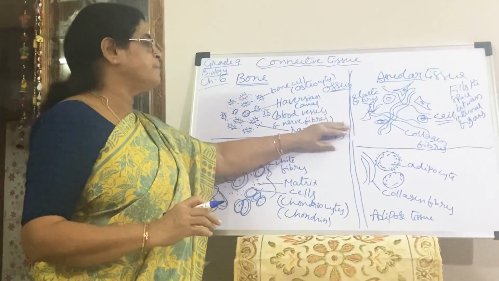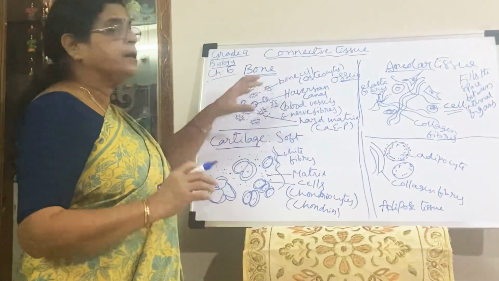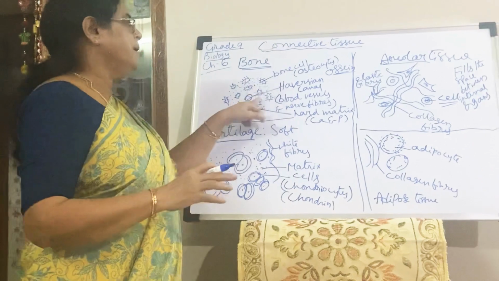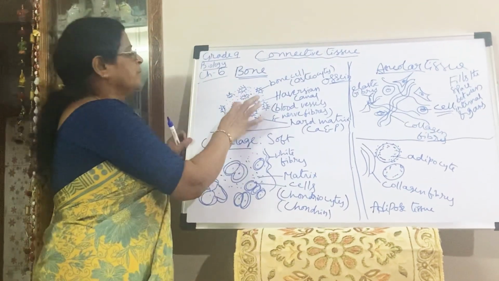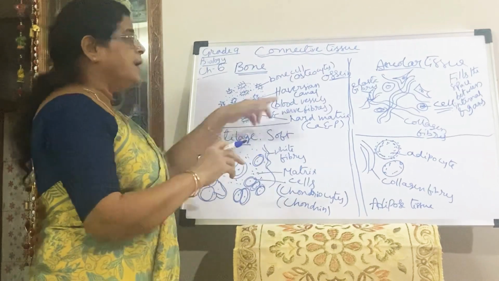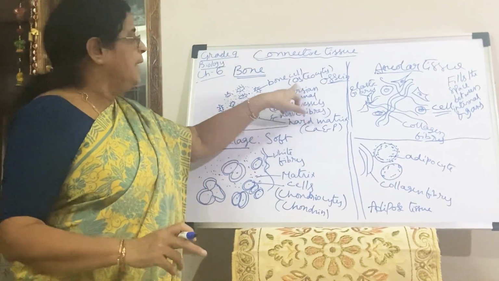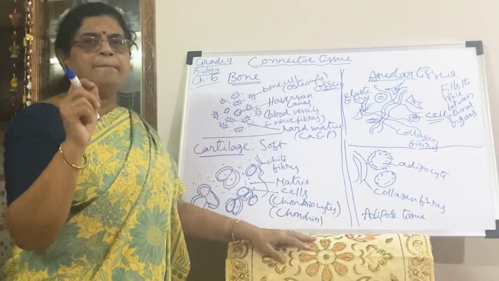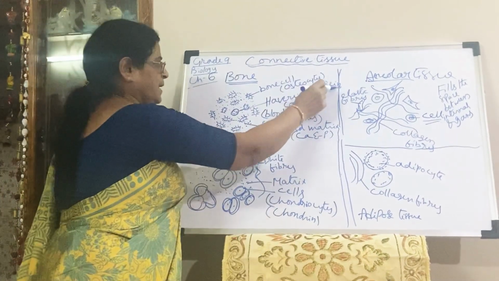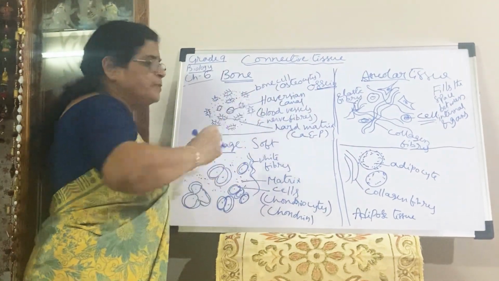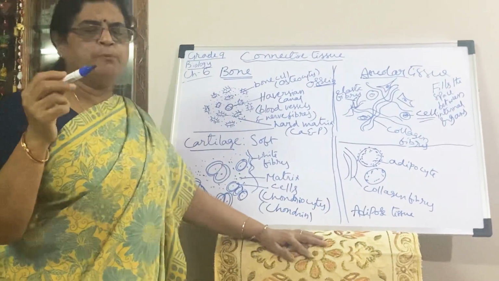It is a hard matrix, and the cells are embedded in the matrix. Each cell has a canal-like structure called Haversian canal. The bone cells are called osteocytes, and the protein present here is called ossein. Followed?